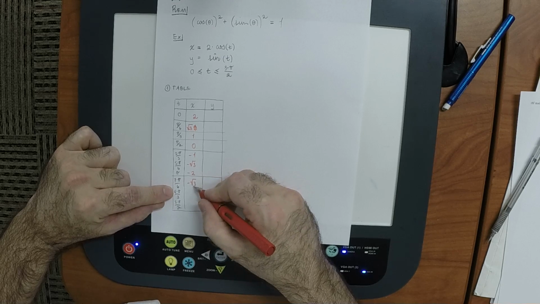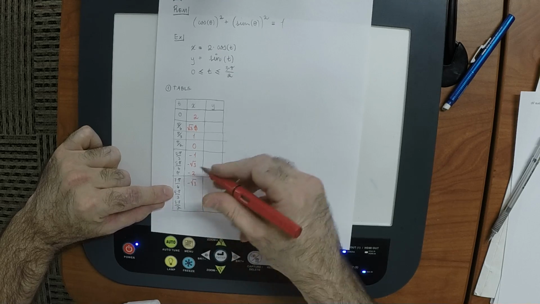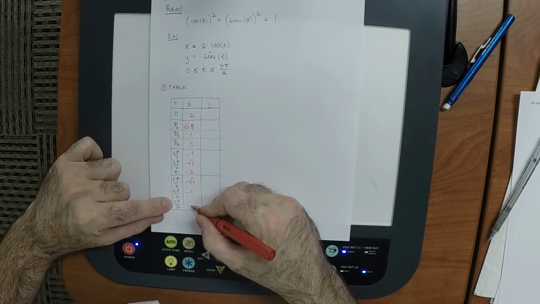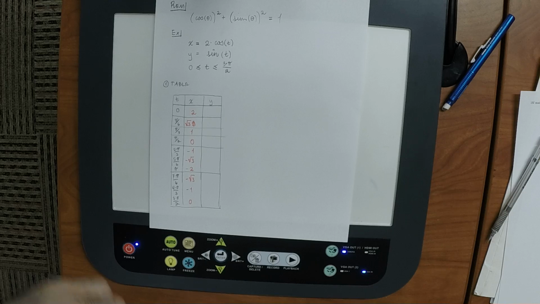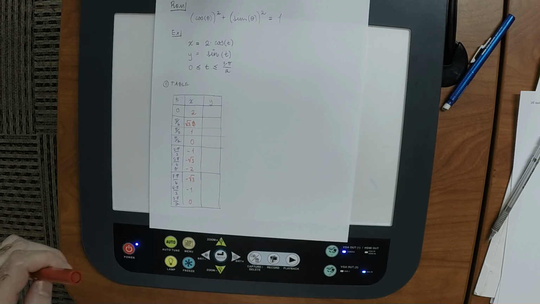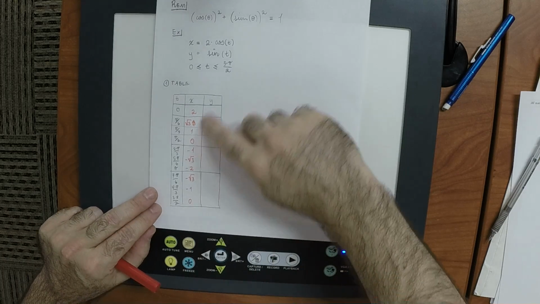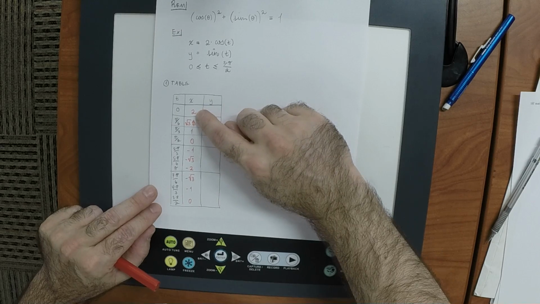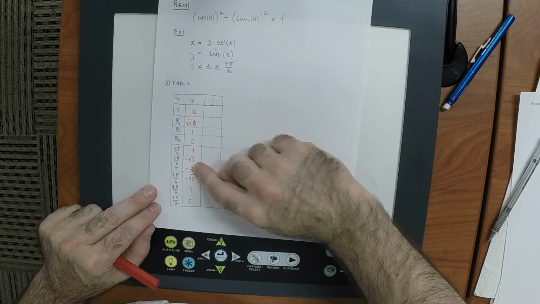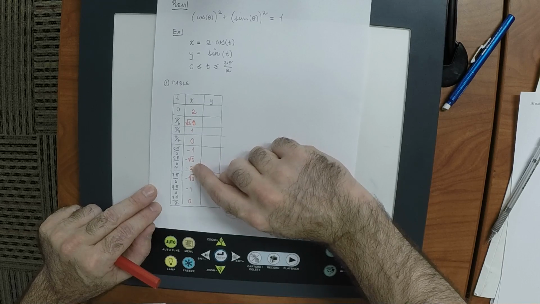Is that right? Yeah, that's right. And then this one, negative 1, and this one, 0. Because we're cycling through the circle, right? Right here, cosine is maximal, and we decrease to its minimum, and now we have to read those same things but in the opposite order.